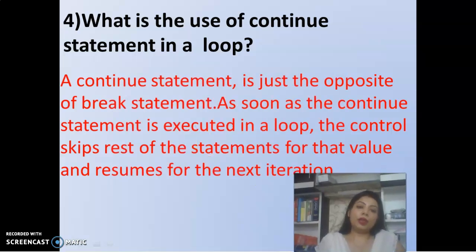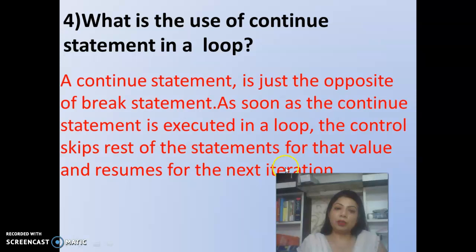So continue statement is just the opposite of break statement. As soon as the continue statement is executed in the loop, the control skips the rest of the statements for that value and resumes for the next iteration.